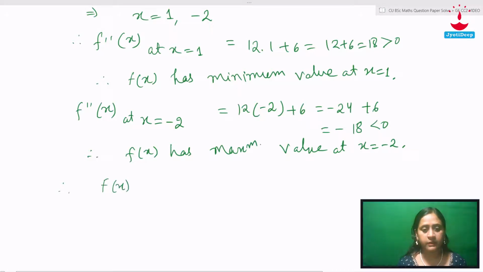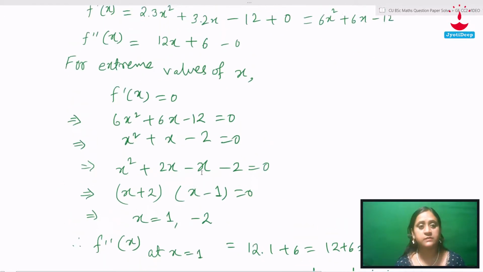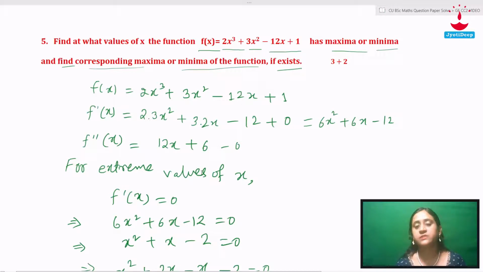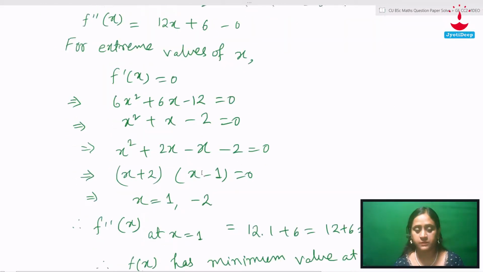So f min at x is equals to 1, it is, what was the given function, 2x cube plus 3x square minus 12x plus 1.